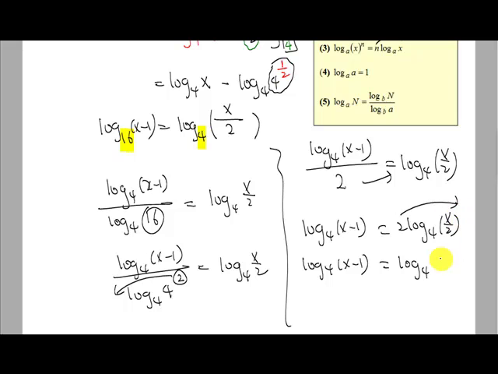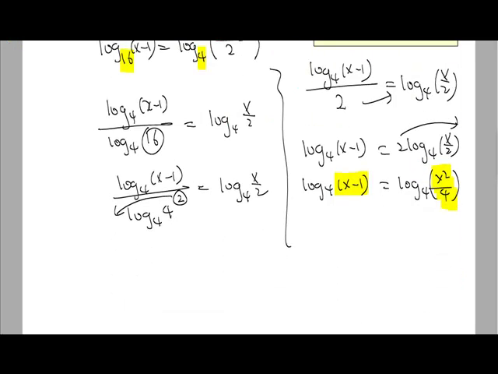If you bring up, it will become x squared over 4. x minus 1 must be equal to this. So 4x minus 4 equal to x squared.